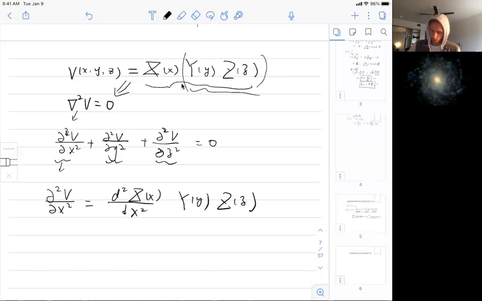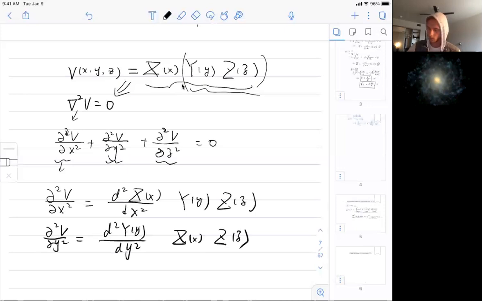That's the first term. Likewise, the second term is the second derivative with respect to y, and x and z are carried as constants.